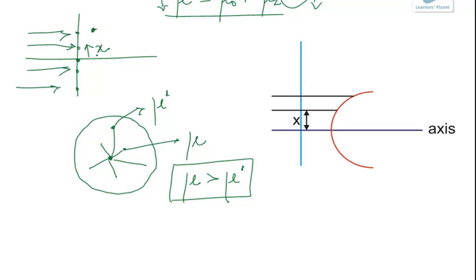Refractive index closer to the axis will be more. So the speed of light at this point is more, and at this point it is less. So the speed of light closer to the axis is lesser and away from the axis is more.